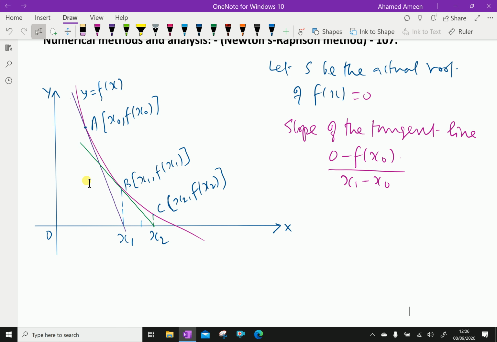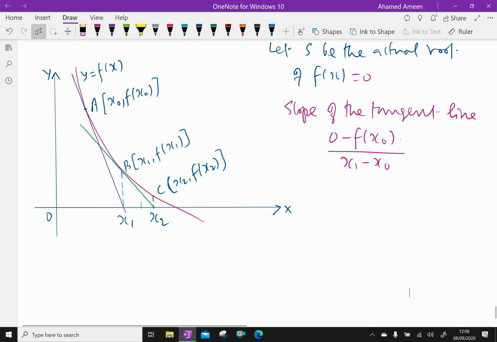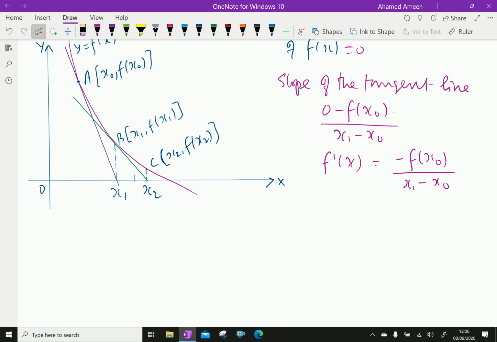Therefore, we know the slope of the function f of x is f dash of x equal to minus f of x0 over x1 minus x0. Then by cross multiplying, x1 minus x0 equals minus f of x0 over f dash of x0.